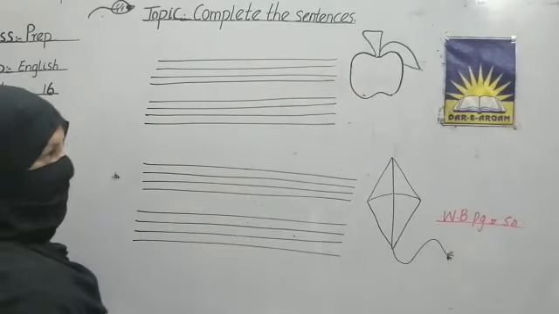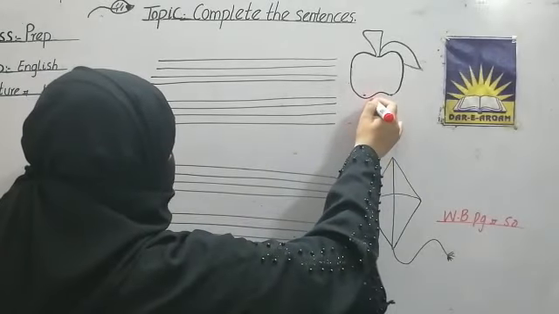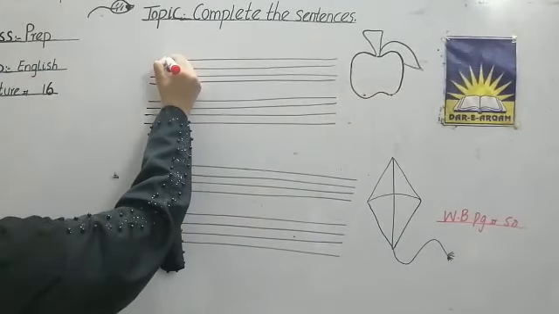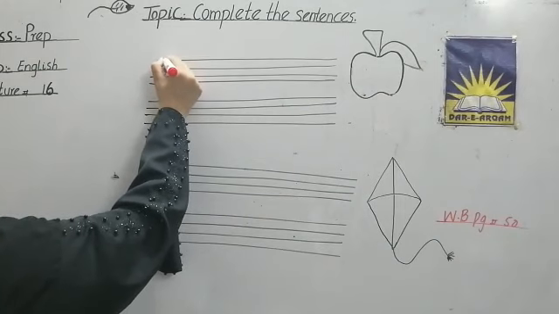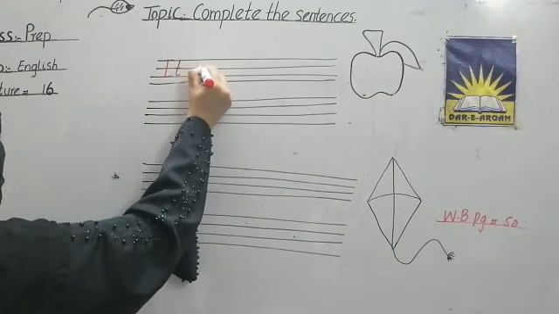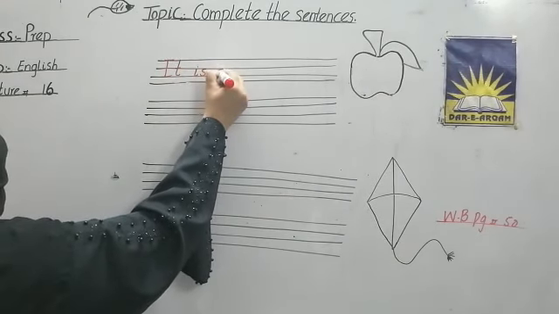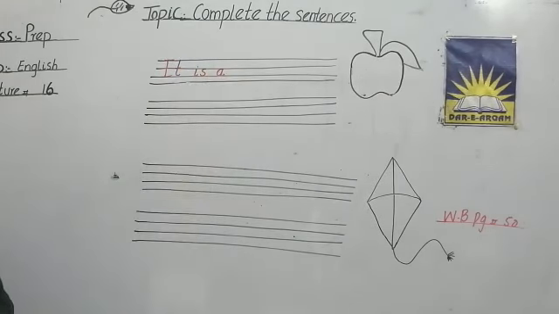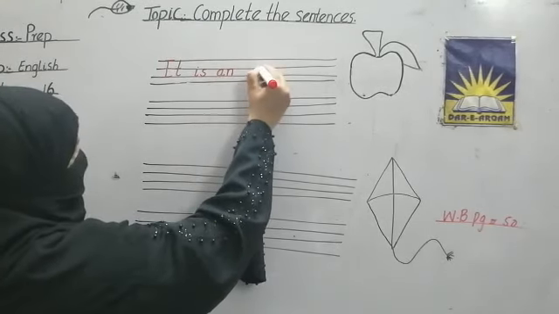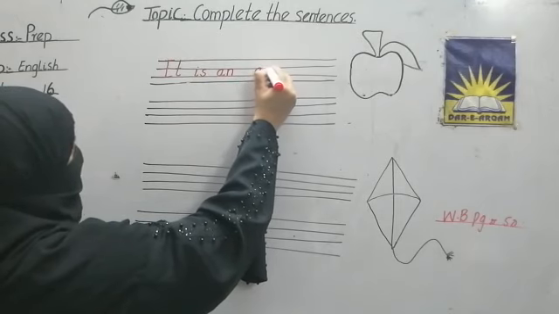Clear, students? Yes, what is it? Apple. It is, student, tell me, an or a? Yes, good. An. It is an apple.